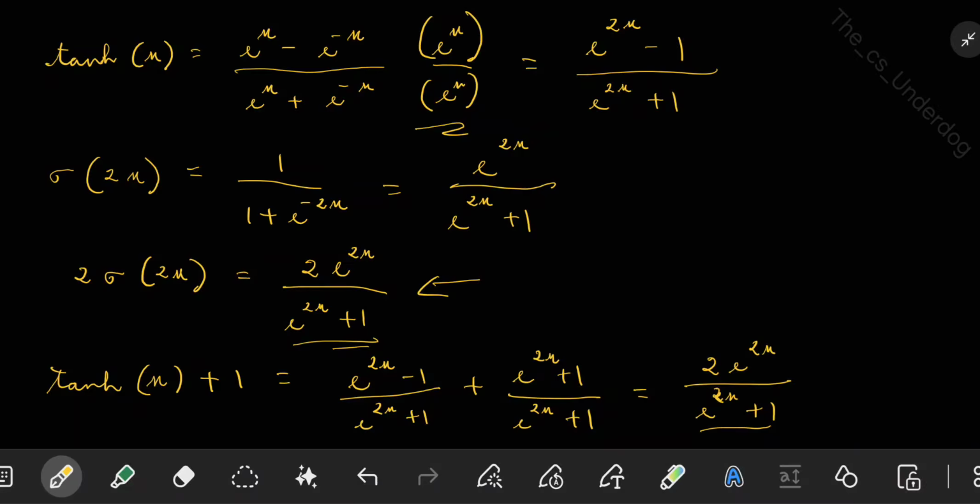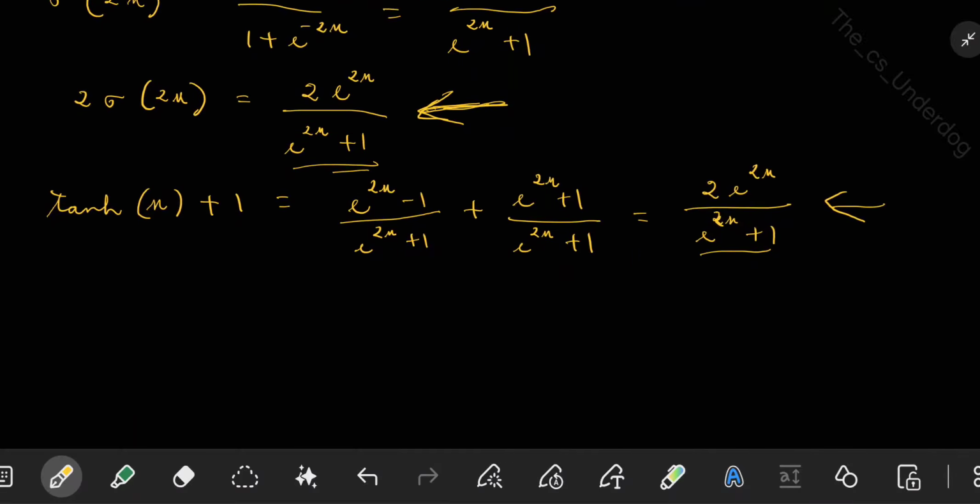Are you now able to see some relation here? What I got here and what I got here, these two are one and the same. So I can equate these two. How can I write? I can say tan h of x plus 1 is same as 2 times sigma of 2x.